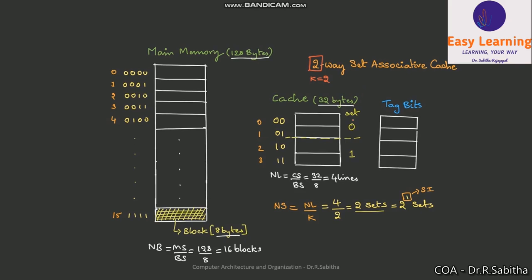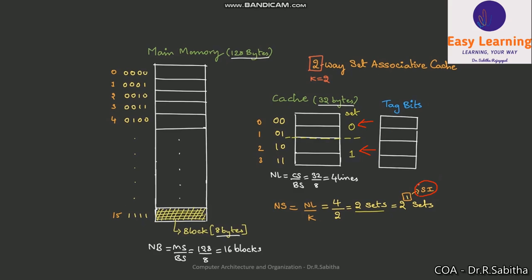In order to identify whether the block belongs to set 0 or set 1, we need bits to identify. Those bits are called the set index, just as we have a block index for identifying the blocks, a cache index for identifying the cache line, and tag bits.